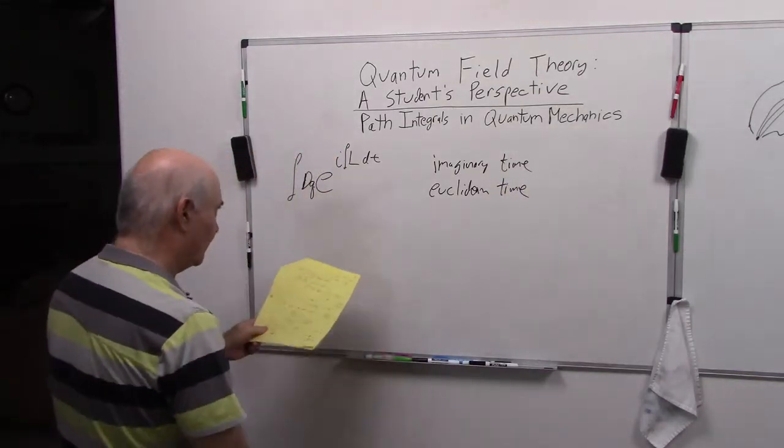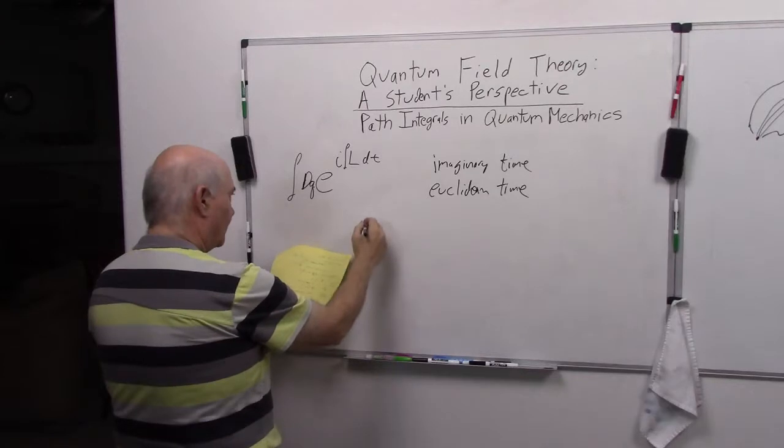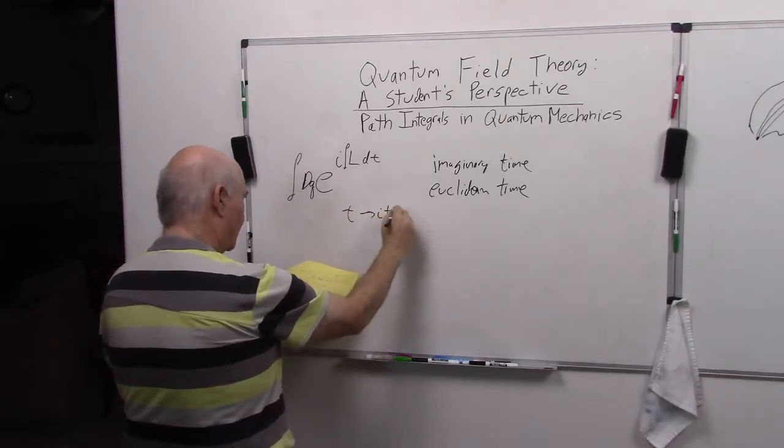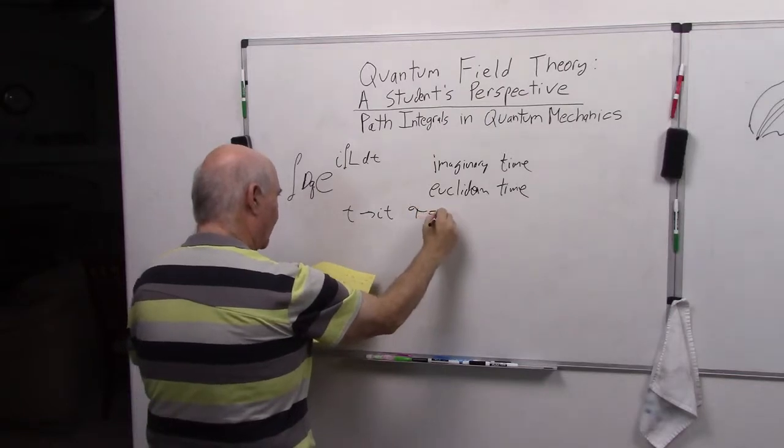Here we make a substitution like t goes to i tau, or tau equals i t.